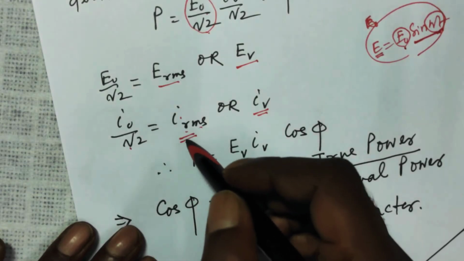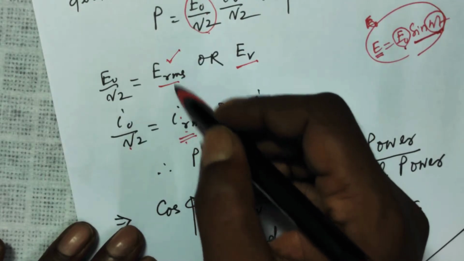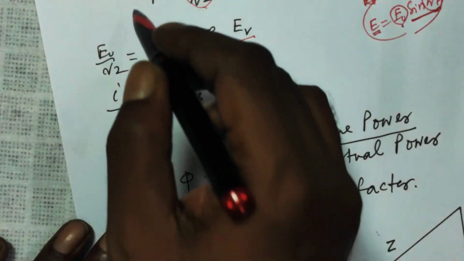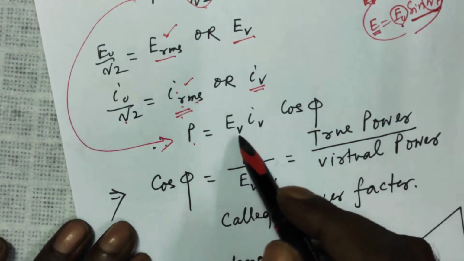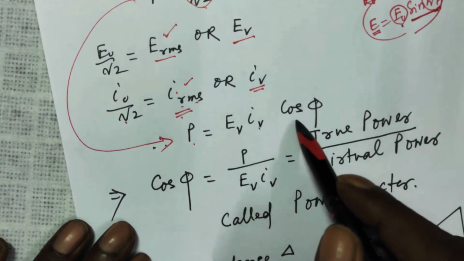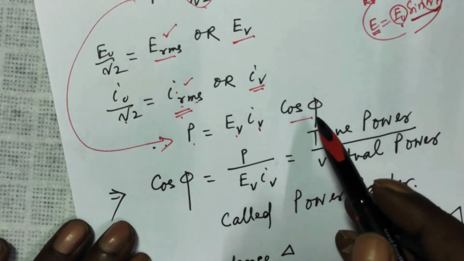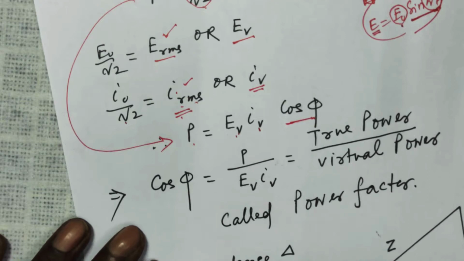So it was that value, and similarly this was discussed previously. So your expression, the power P becomes E virtual I virtual cos phi, virtual EMF, virtual current, cos phi.